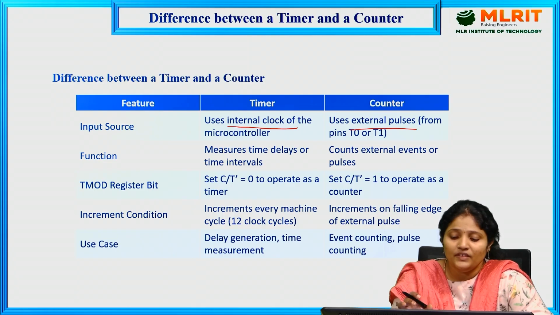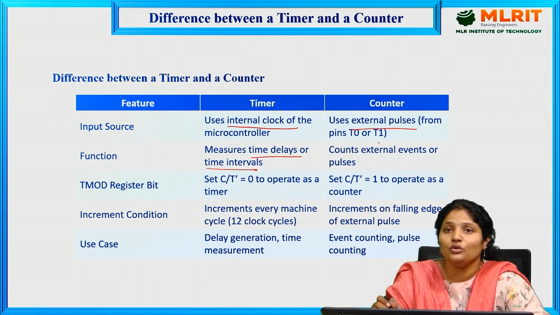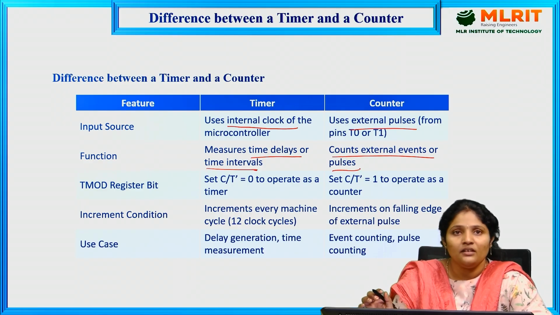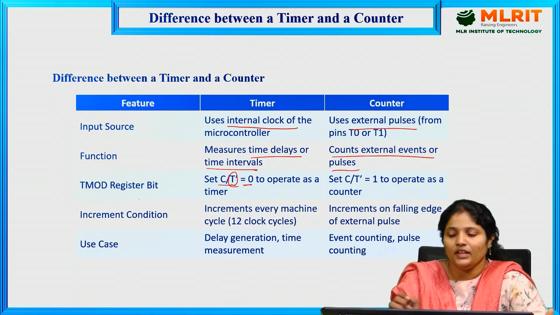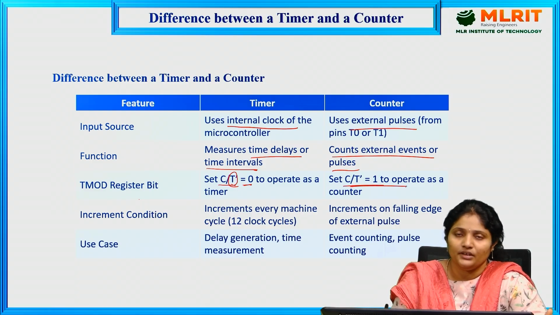The function of the timer is to provide time delays or time intervals, and the function of the counter is to count external events or external pulses. In the TMOD register there is one bit, C/T bar. If C/T bar is equal to 0, the unit acts as the timer. If C/T bar is equal to 1, the unit acts as the counter.